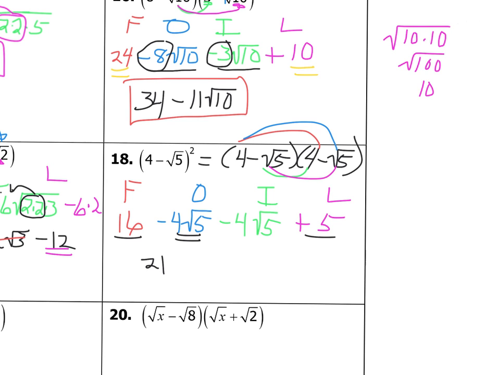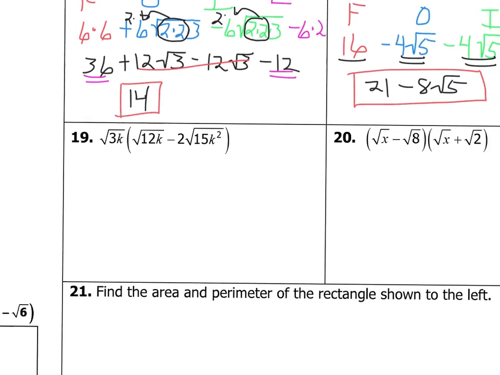And then a negative 4 rad 5 and a negative 4 rad 5. That means you add the coefficients. So negative 4 plus negative 4 gives you negative 8 radical 5. So it did not turn out to be 11. All right, we're almost there.